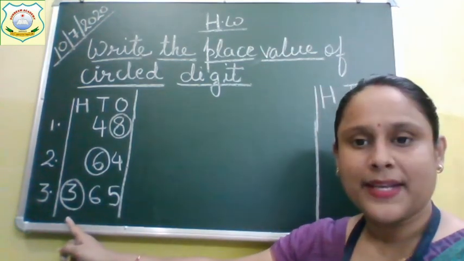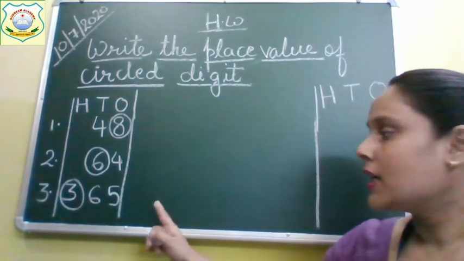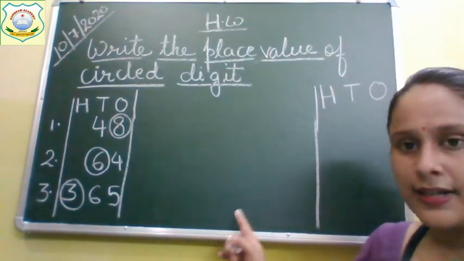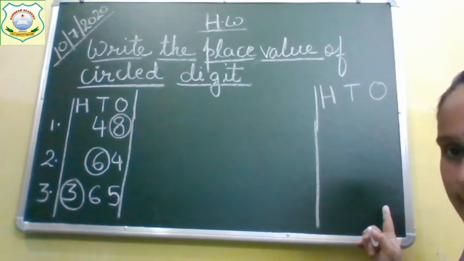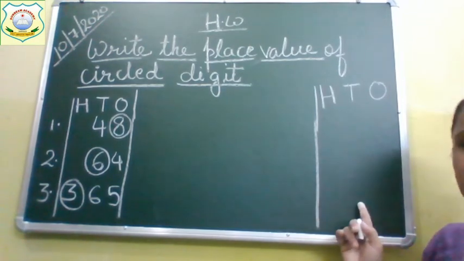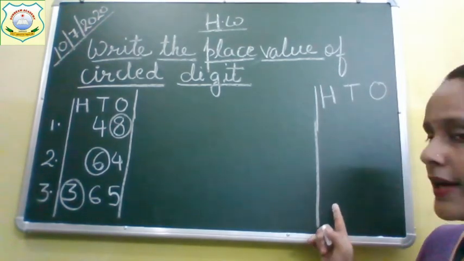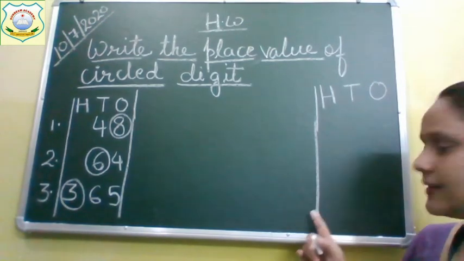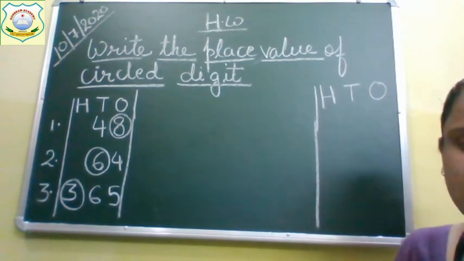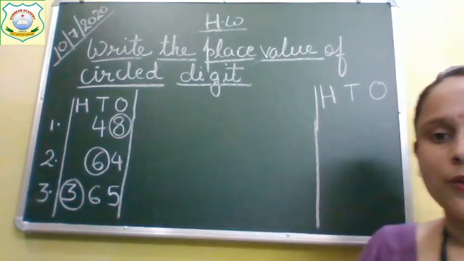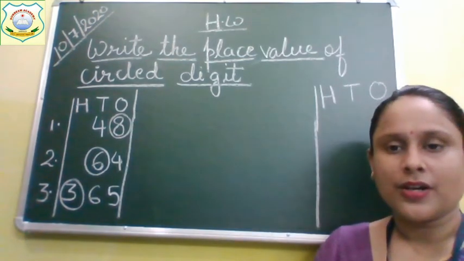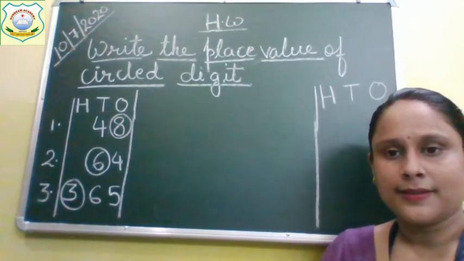So what is the place value of this 3? 3 hundreds, or 300, where you will write 0 in ones place, next 0 in tens place, and 3 in hundreds place. Okay? So now note down the homework questions, everyone. Children, note down the homework questions.